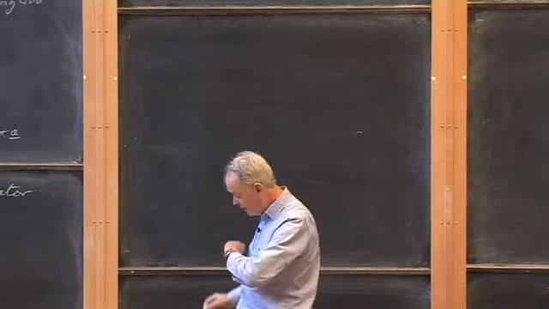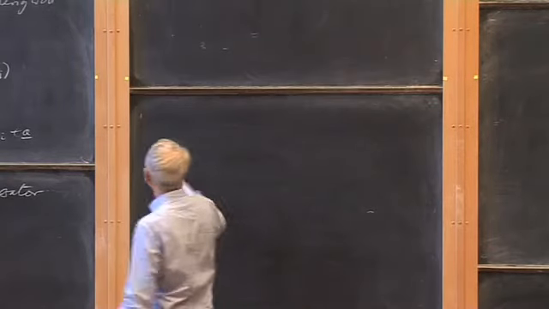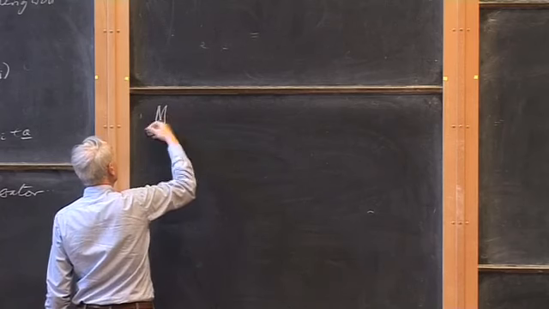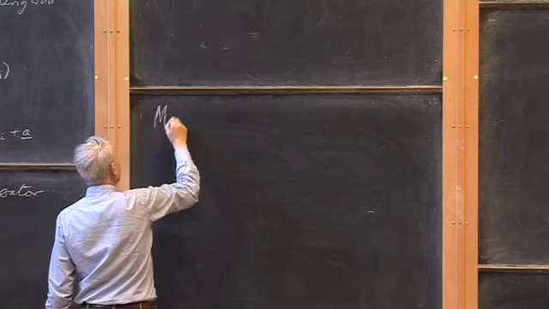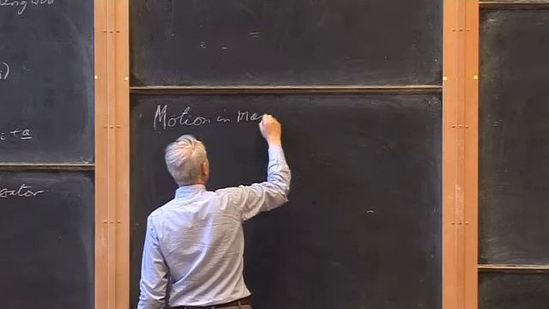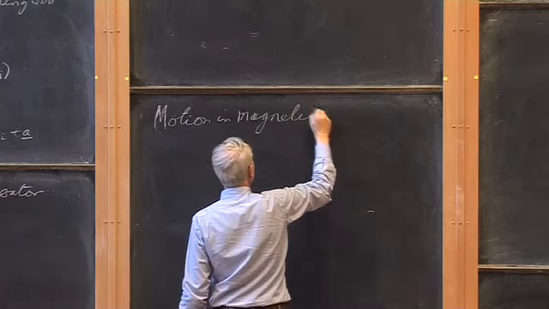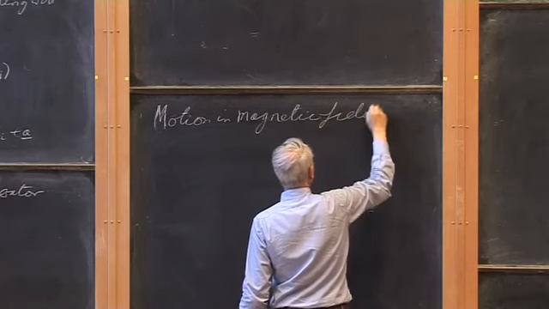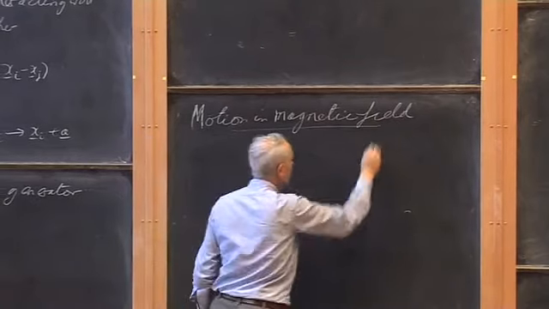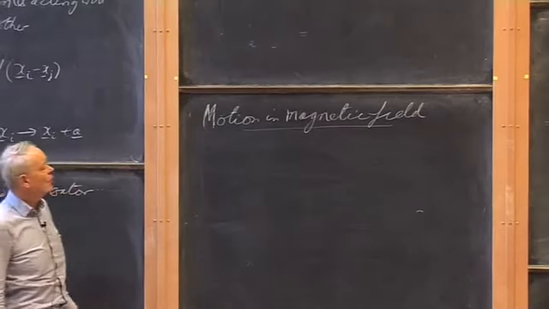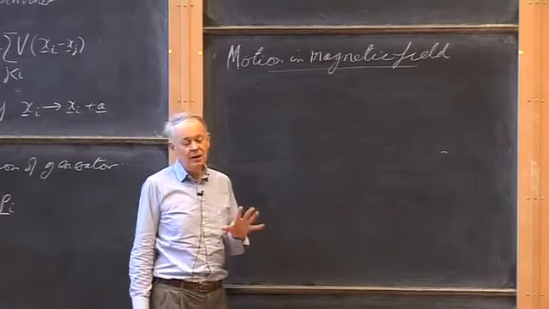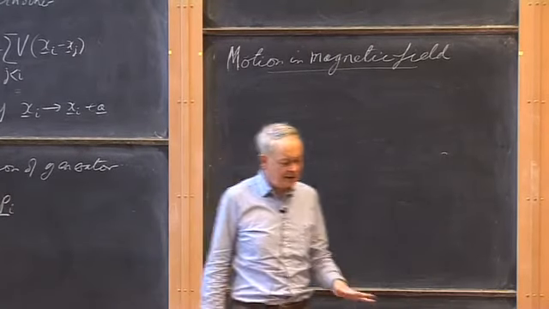So we now have time to cycle back to what I skipped, which was motion in a magnetic field. This is a particularly important topic because an awful lot of quantum mechanics was developed, historically, by sticking atoms into magnetic fields.